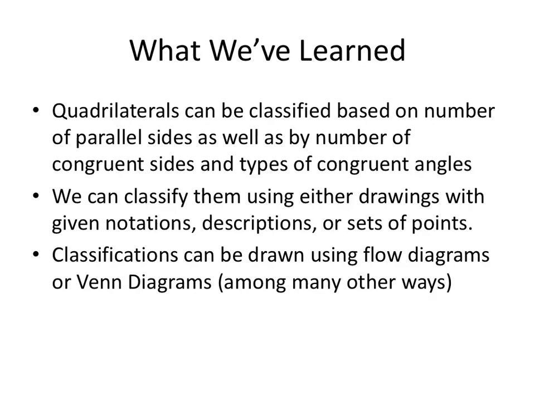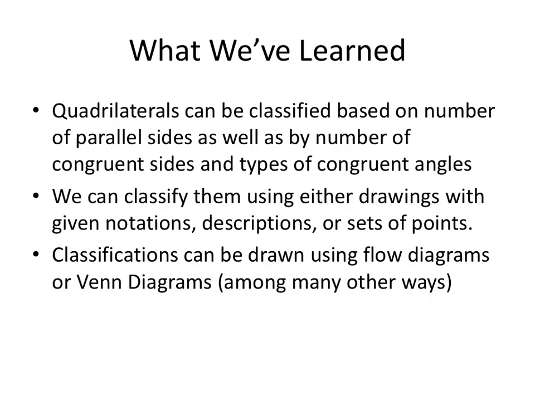So what we've learned: quadrilaterals can be classified based on the number of parallel sides as well as the number of congruent sides and the types of congruent angles. We can classify them using either drawings with given notations, descriptions, or sets of points. And we can draw these classifications using flow diagrams or Venn diagrams.